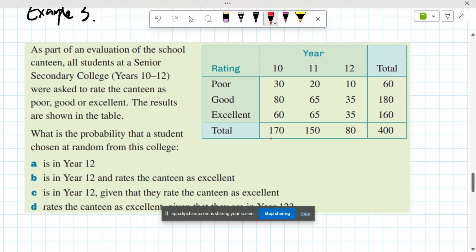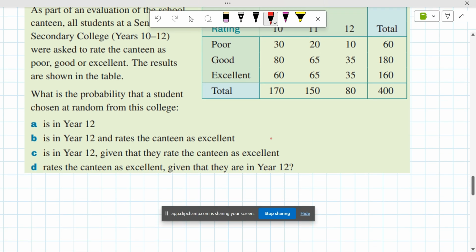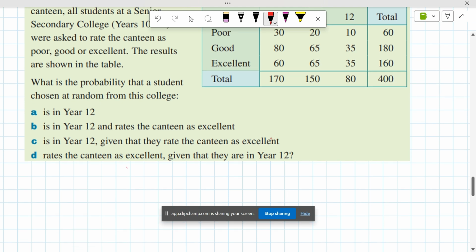And there is example 3 I'm going to try to do. Now we're going to use some tables. This is a secondary college, year 10 to year 12. 400 people were surveyed about the education canteen. Results show poor, good, and excellent. Here we want the probability of students choosing.